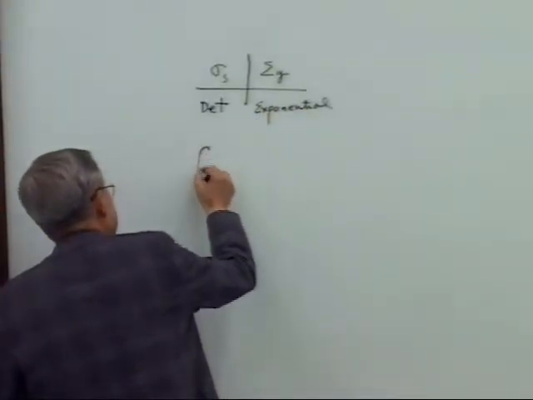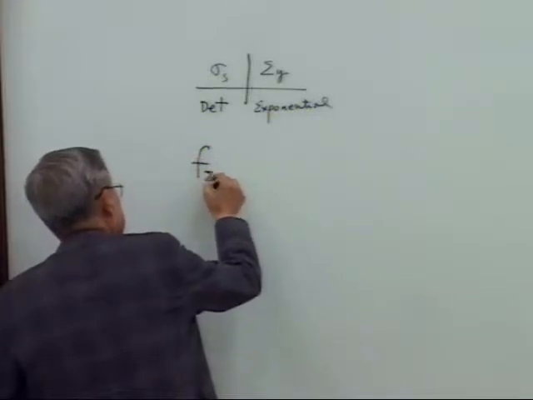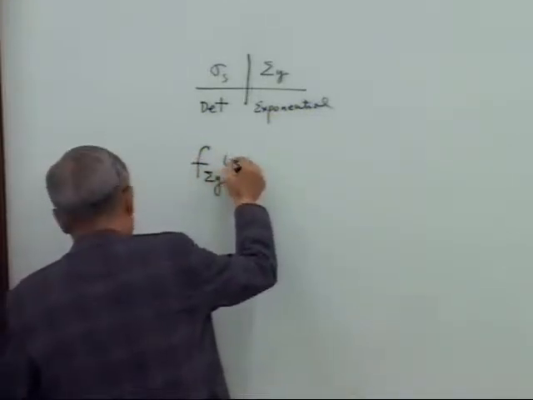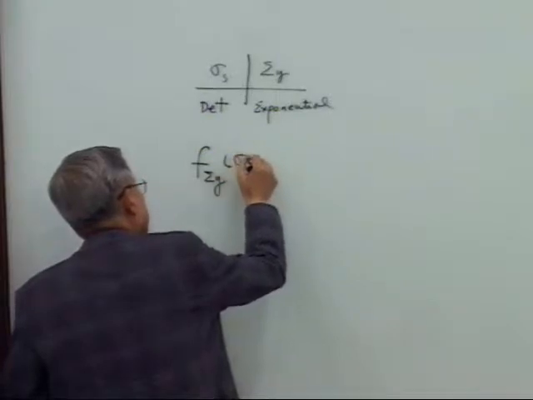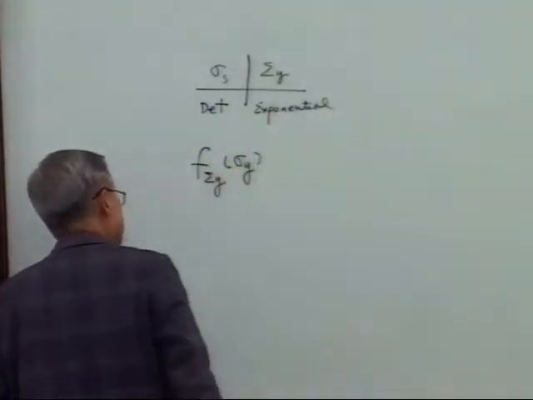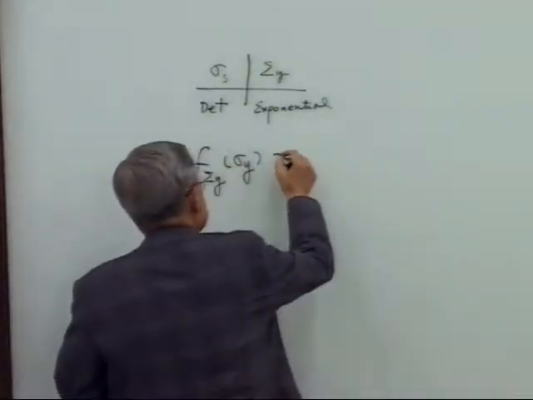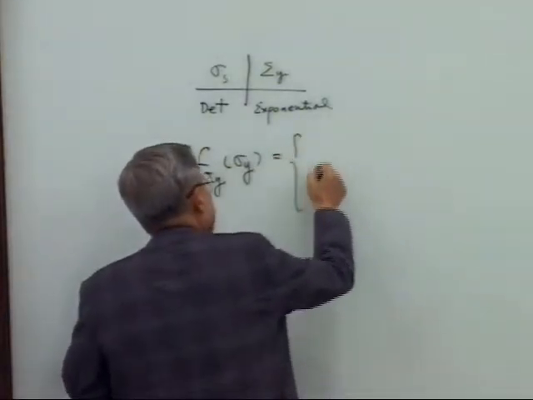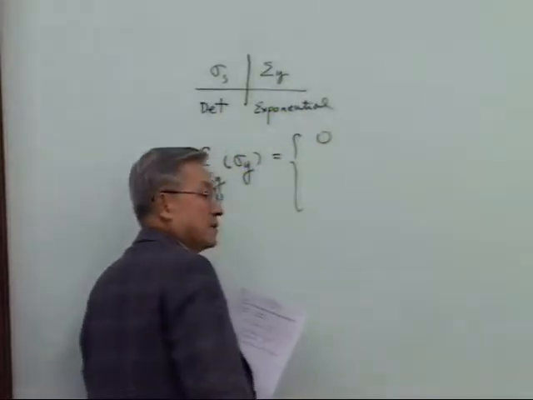So the first thing you have to look at is that the yield stress is random. This is 0.